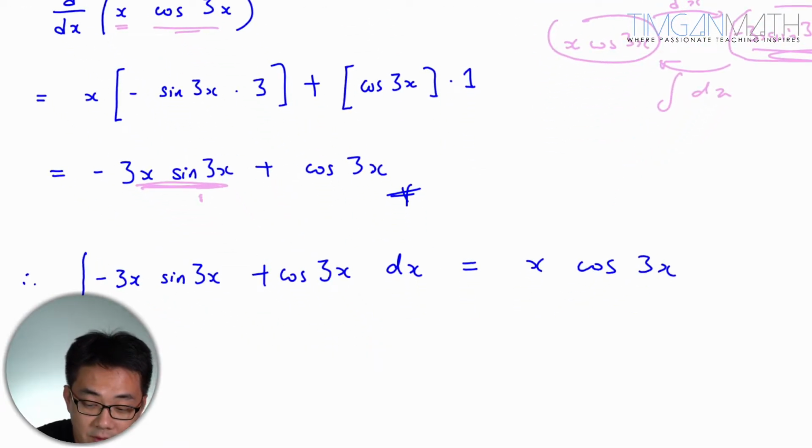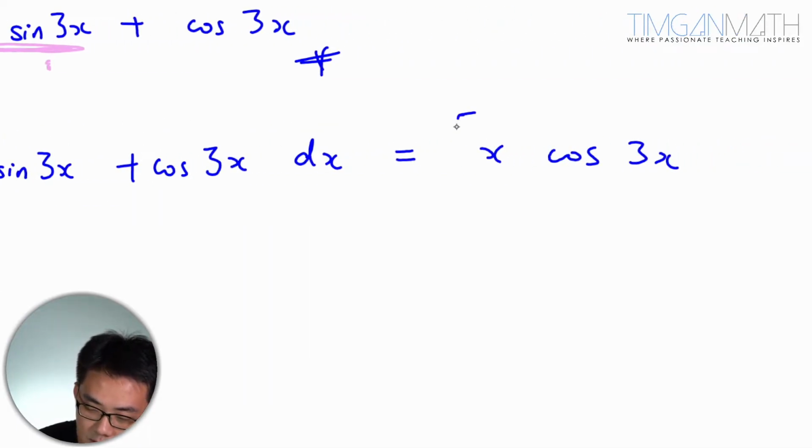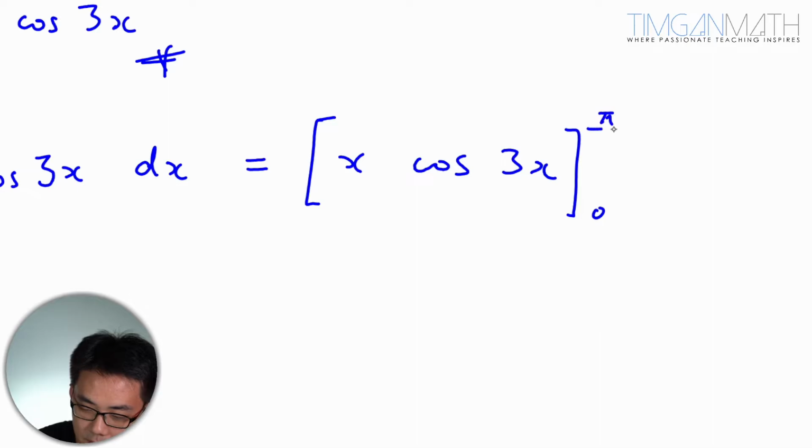Now because this is a definite integral, I just put the limits 0 and pi over 9 here. The boundary conditions are the same, 0 and pi over 9.